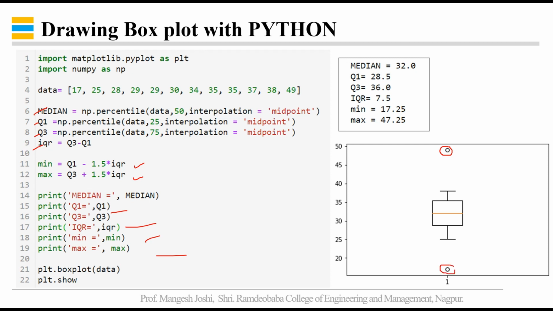Again you can see there is one outlier of 17 and this outlier of 49, and you can see that even if the minimum value is 17.25 and maximum value is 47.25, this maximum value is shifted to the next value, which is 38, and similarly your least value is shifted to 25. This is the next possible value in the data set, so it is shifted to 25, and the median is shown, that is 32, right?